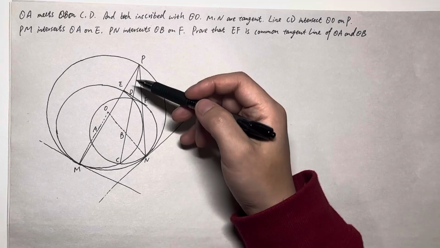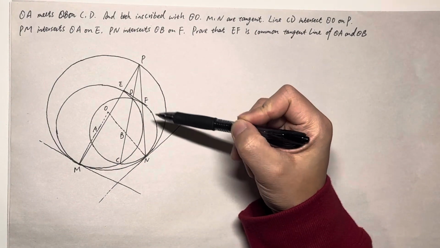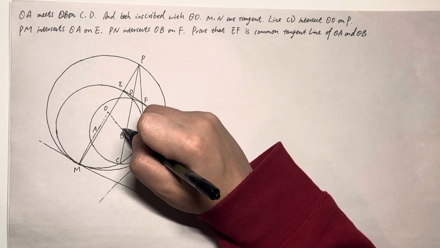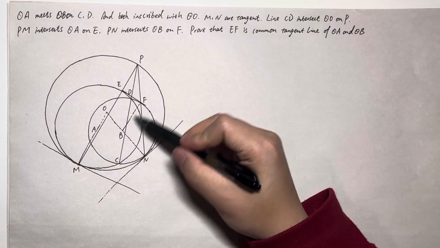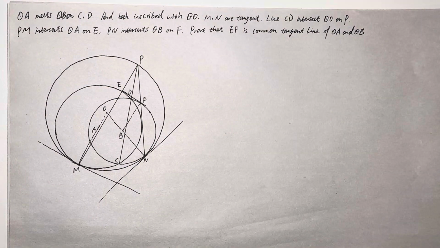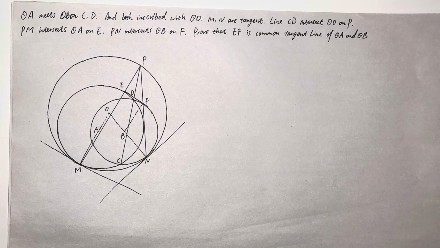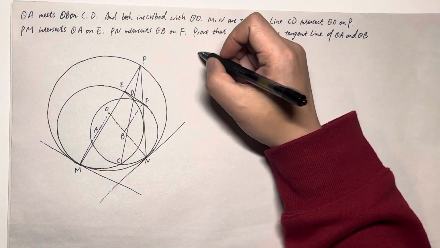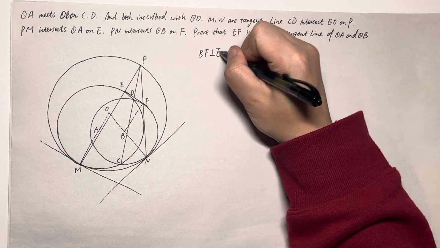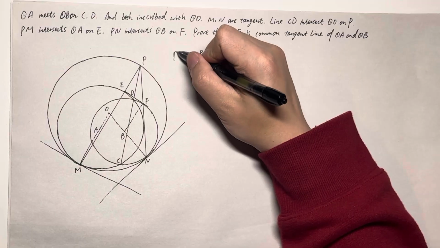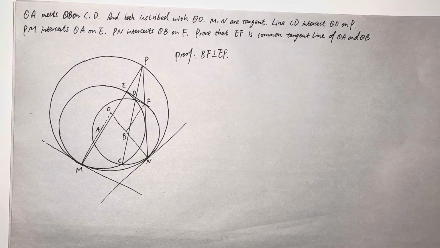To prove that EF is a tangent line of circle B, we just need to connect BF and prove that BF is perpendicular to EF. That's very easy to think of. That's the target.